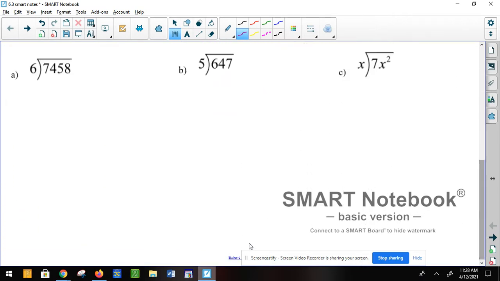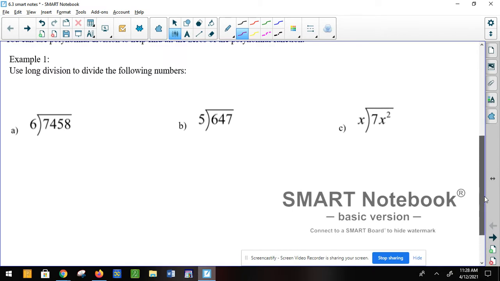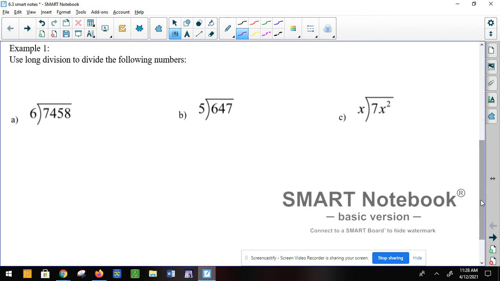Like I said, example 1 here is doing long division with numbers. So let's see if we remember how to do long division with numbers. First step is taking the divisor and seeing how far it goes into the first number of the dividend. How many times, right? 6 goes into 7 one time. That's really just division. So the first step is divide.